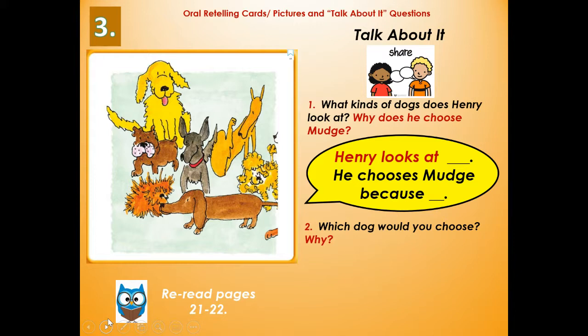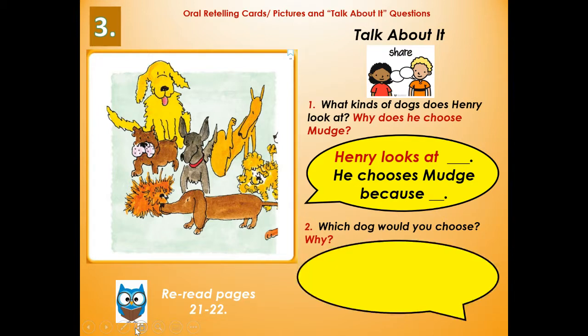Well, Henry looks at all types of dogs, curly-haired, straight, long, short, little, big, and he chooses Mudge because Mudge is his perfect dog. I believe he has straight hair and a drooly face. It just was perfect for him.